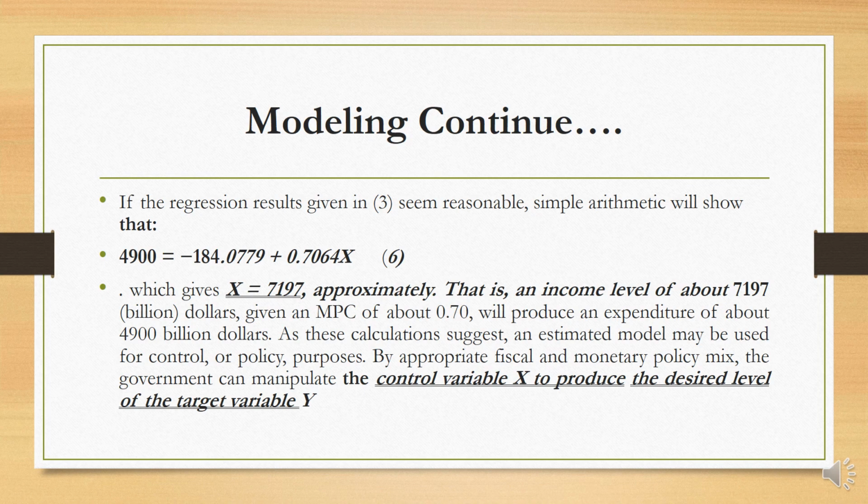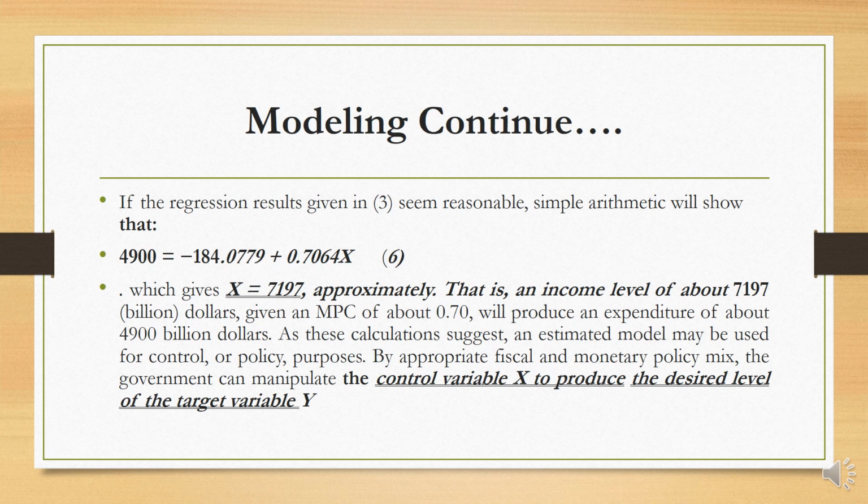If the regression results given in 3 seem reasonable, simple arithmetic will show that 4,900, the value of personal consumption expenditure, is equal to minus 184.0779 plus 0.7064x, which gives x equal to about 7,197. We manipulate this equation, that is, add 184 to 4,900 and divide by 0.7064 to get the value of x.